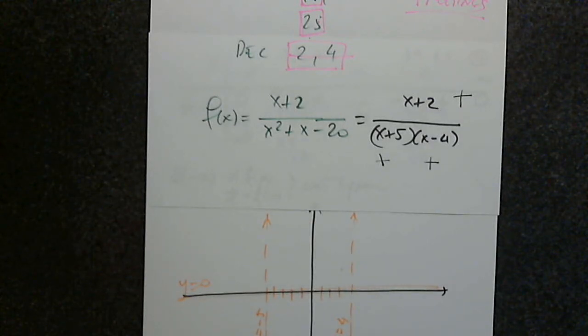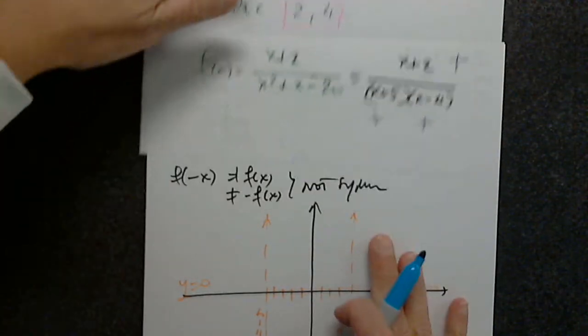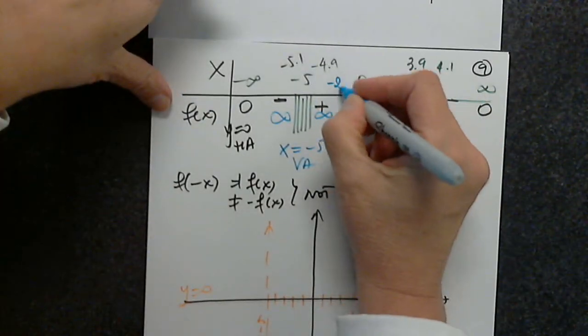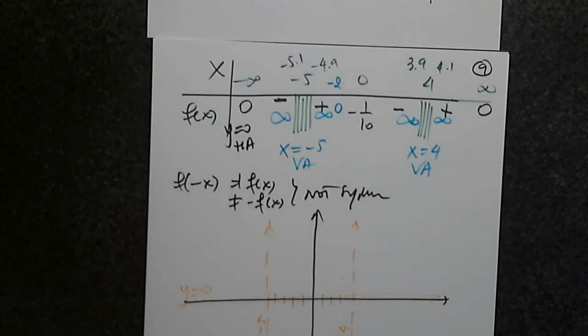Exactly. I realized that something wasn't right. So -2, 0. Good. So from 0 to -infinity. From positive infinity, crossing the x-axis at -2, 0, crossing the y-axis at 0, -1/10, and going to -infinity.